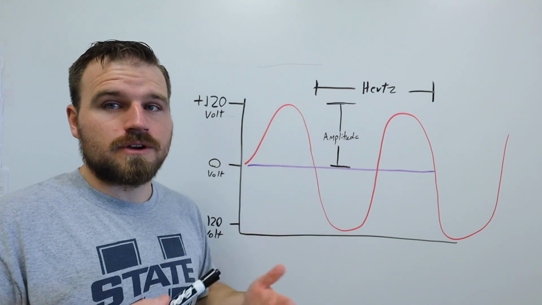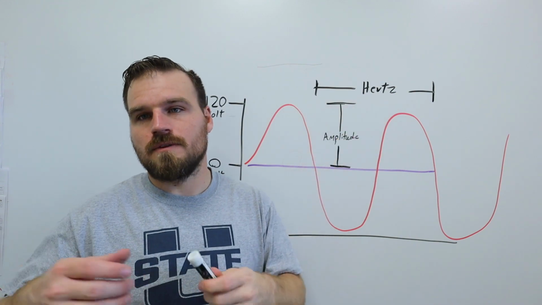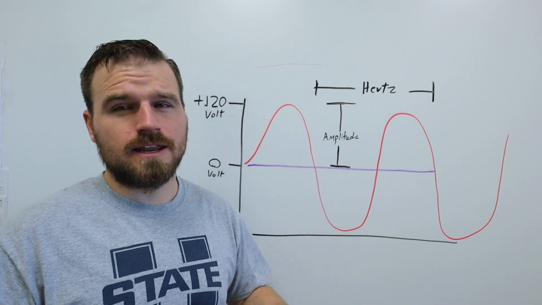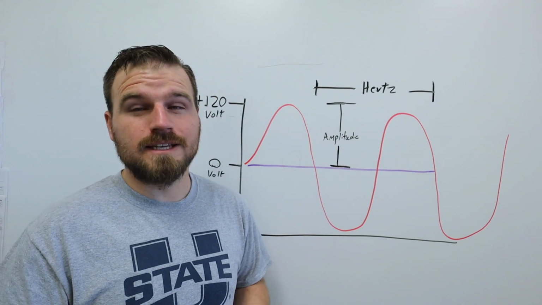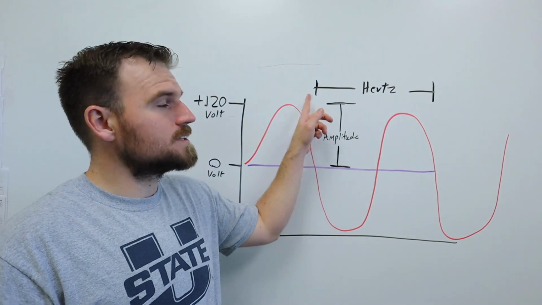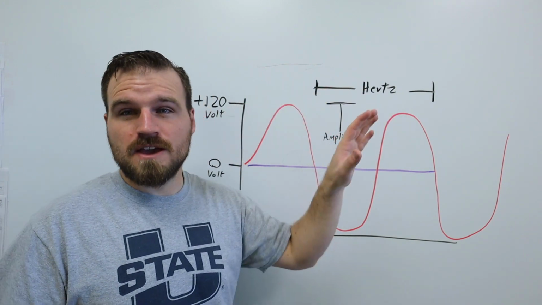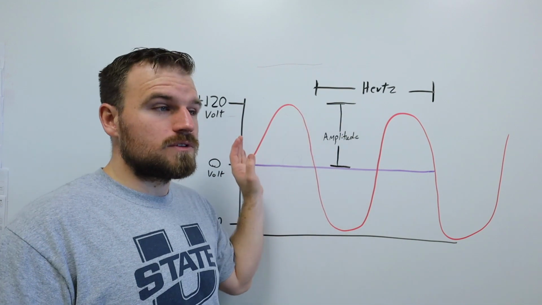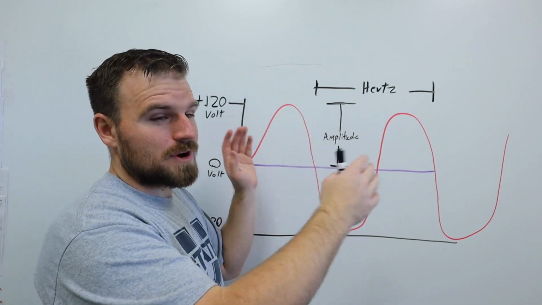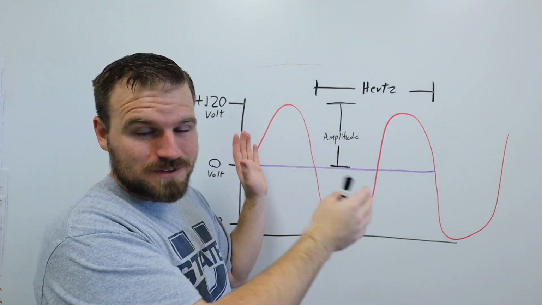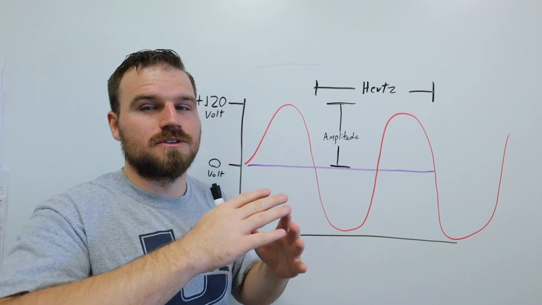Now, if you go to another country, they might be running off a different Hertz rating. That's why if you take something from America and try to plug it into a different plug in a different country, it might not operate, or it might operate differently. Now, why is the Hertz so important? Well, in certain applications, when we start talking about VFDs, we're going to take our voltage coming in and use the VFD to either increase or decrease the Hertz, depending on whether we want that motor to go faster or slower.